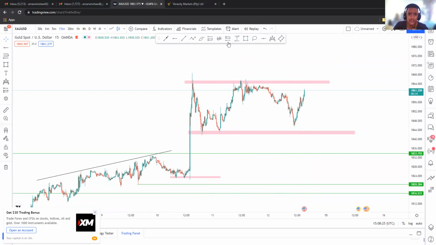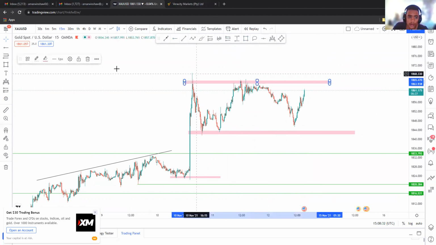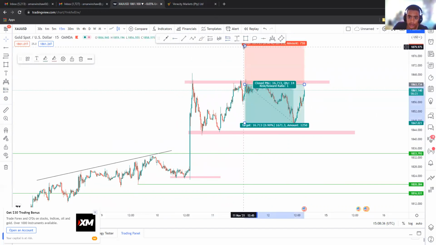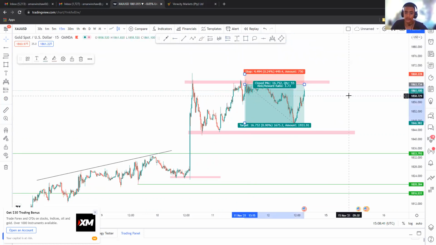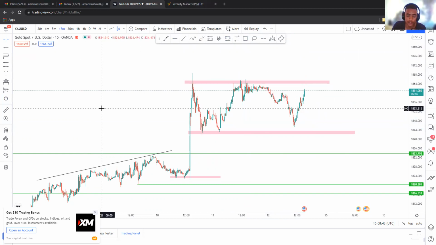So when the market came over here, which is today, I went for some shorts. Shorts over here. Let me show you. My stop loss was basically here above. TP got smashed. But I want to show you guys the buying opportunity.